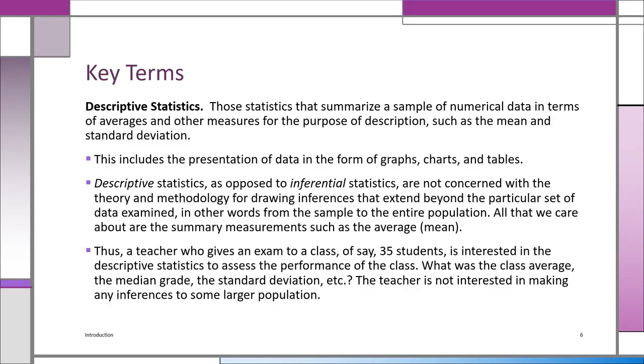We could get the median, the average, the standard deviation, the mode, the max, the min. But one thing we're not going to do is take these measurements and draw inferences about the larger population. What larger population could we possibly be interested in?